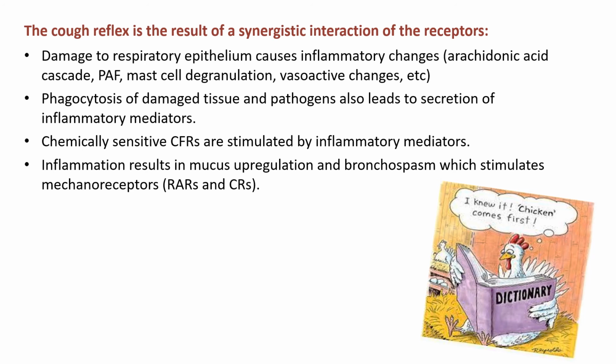The other thing that happens, and we'll look more about this in a minute, is that inflammation upregulates mucus, and it does it in 2 ways. One of the ways is it upregulates the solid component of mucus, mucin, and inflammatory exudates add to the volume of mucus. So we get mucus upregulation, we also get bronchospasm.